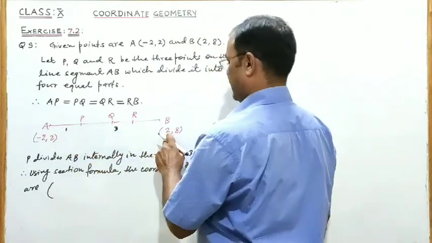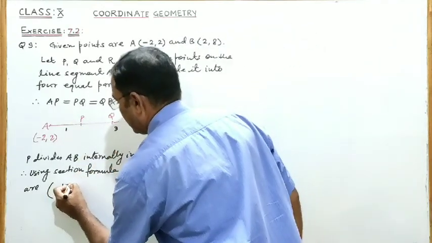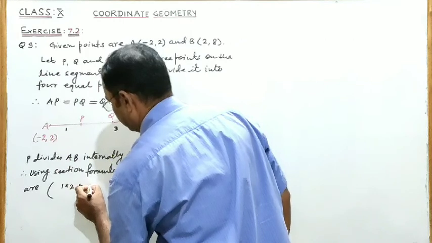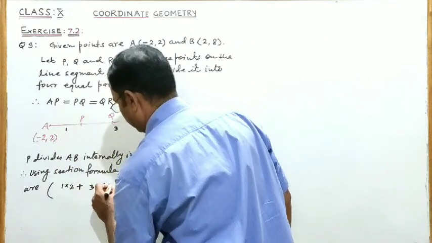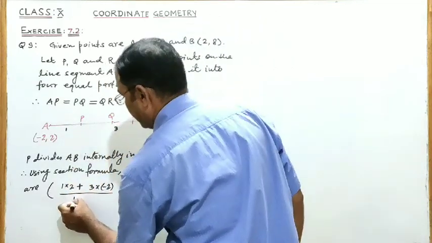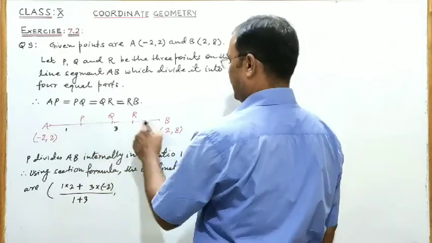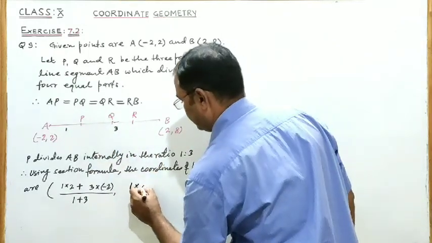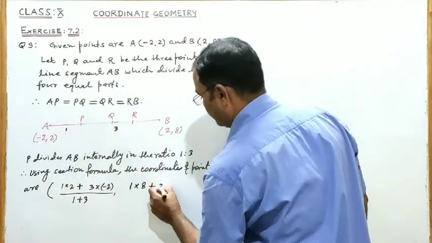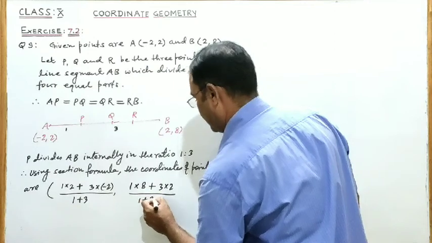So m1 x2, 1 into 2, plus 3 into minus 2, by m1 plus m2, 1 plus 3. m1 y2, 1 into 8, plus m2 y1, 3 into 2, by m1 plus m2, 1 plus 3.